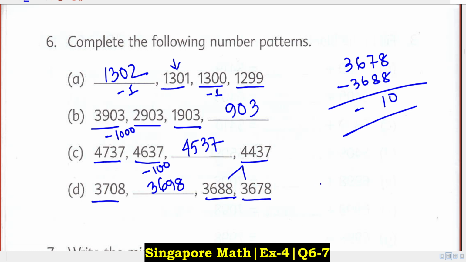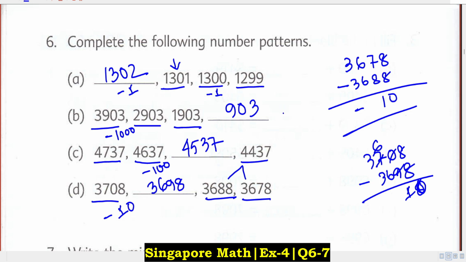Here is 3 6 9 8. 3 7 0 8 minus 3 6 9 8: here is an 8, 10 minus 9 is 1. So this one becomes 6, 6 minus 6, so the difference is 10. 3708, if we subtract 10, it will be 3698. If we subtract 10, 3688, and then 3678.